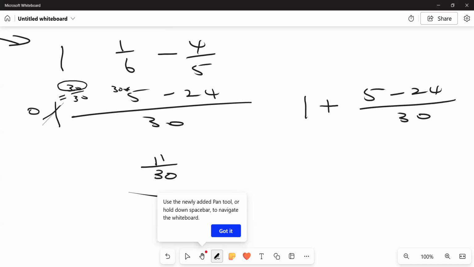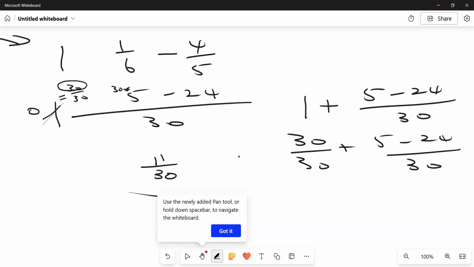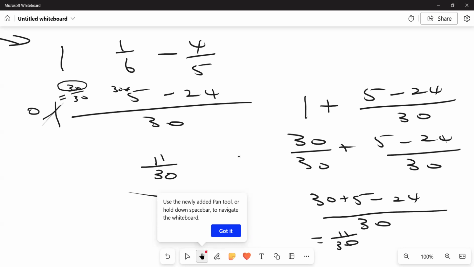So this 1 is like 30 over 30 plus 5 minus 24 over 30. So you can write all of this in one, so you'll get 30 plus 5 minus 24 over 30, which gives you the same 11 over 30.